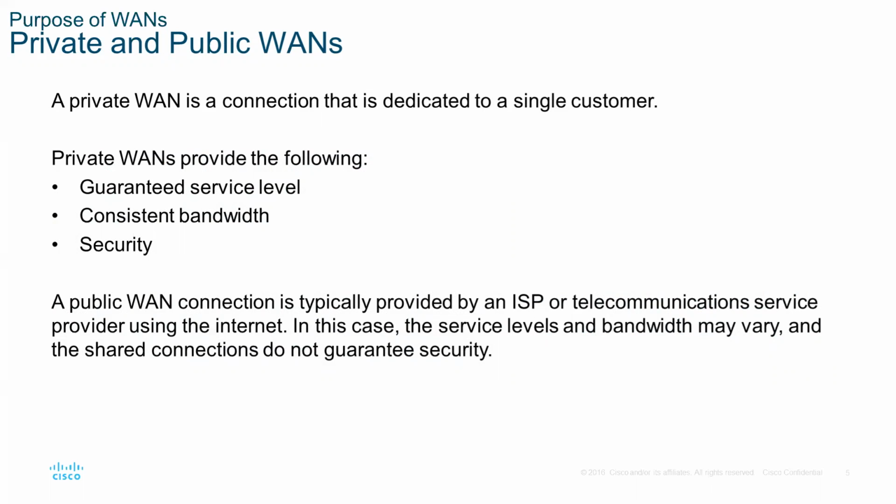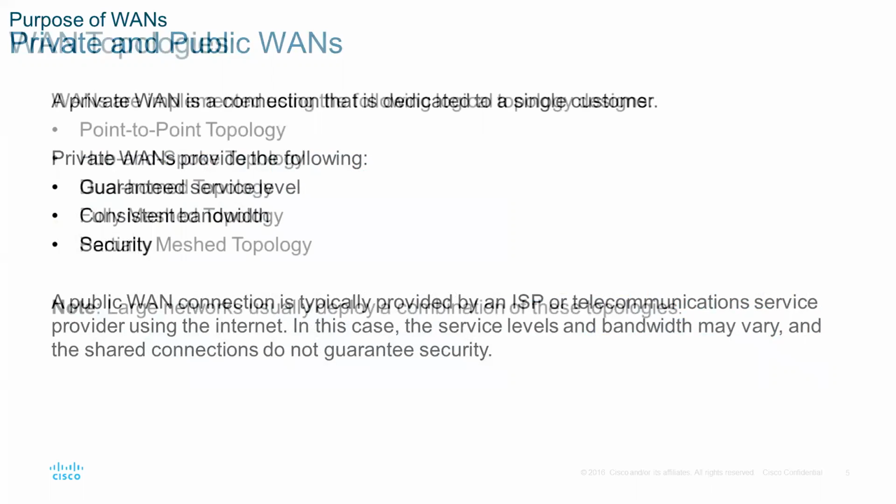Whereas a public service, such as being provided by an ISP or our telecommunications company, the service levels and bandwidth will vary depending on how congested their networks get. And we cannot guarantee the security levels within those organisations.